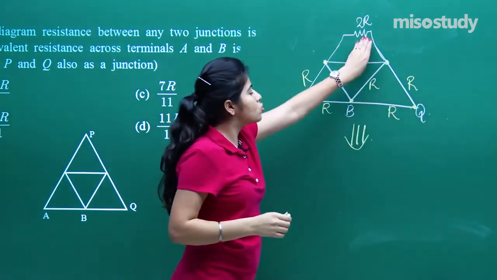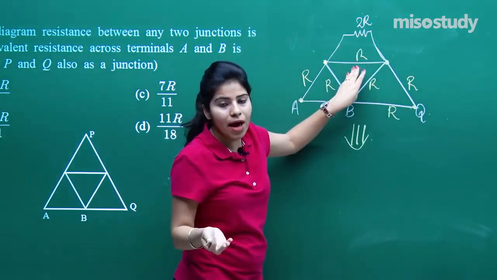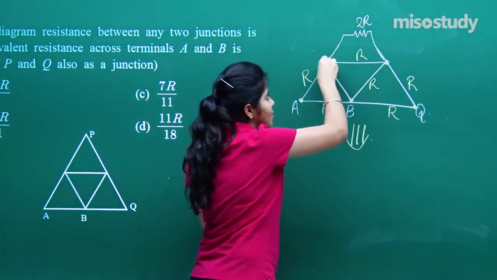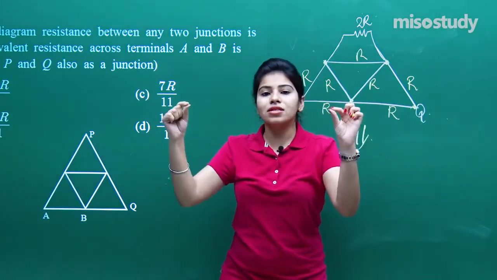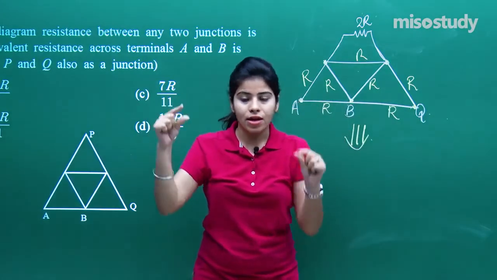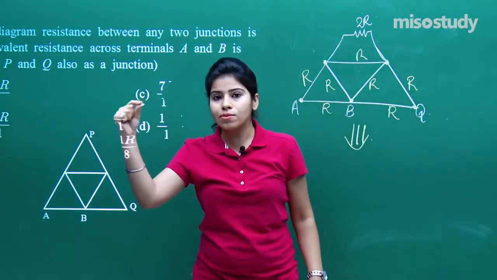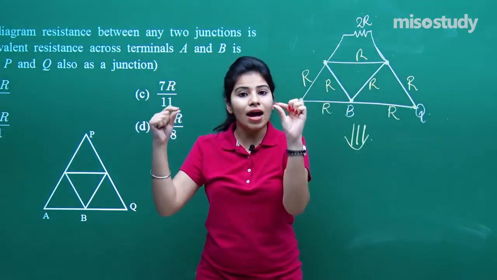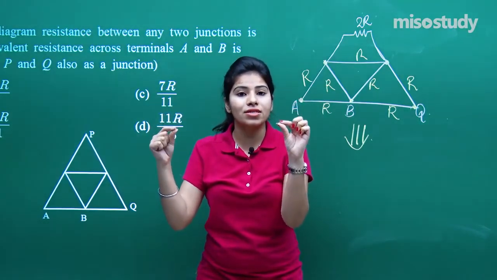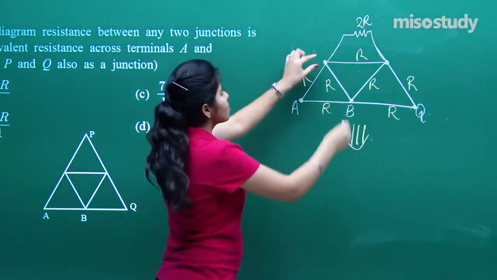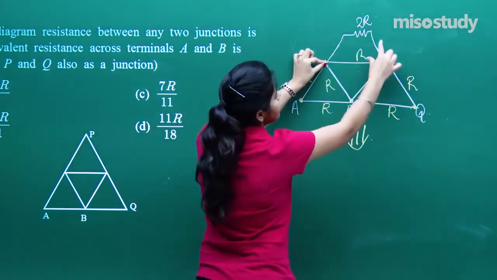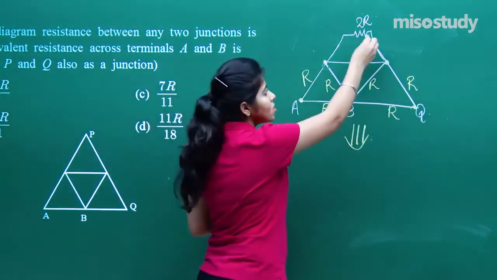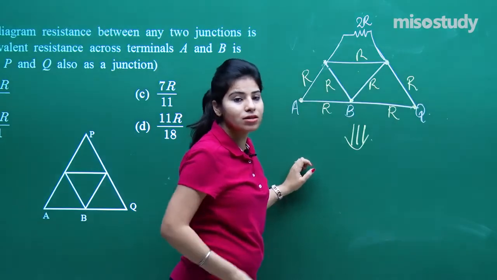Now you can see that this 2R and R are connected in parallel, because one arm of each is connected at this point and the other arm of each is connected at this point. If I have two resistors, their arms should meet at one point on one side and at another point on the other side; then they are connected in parallel. What is the formula for the resistance of two parallel resistors?